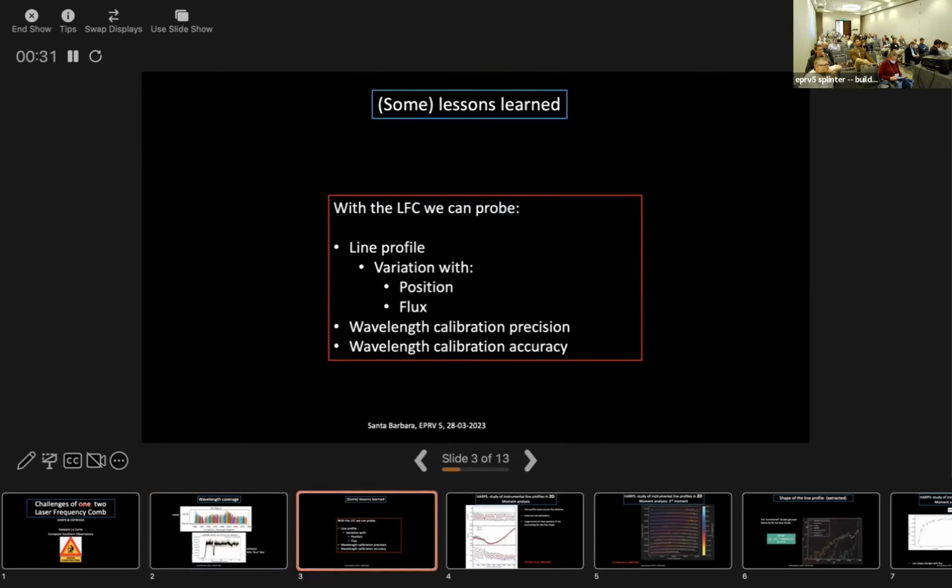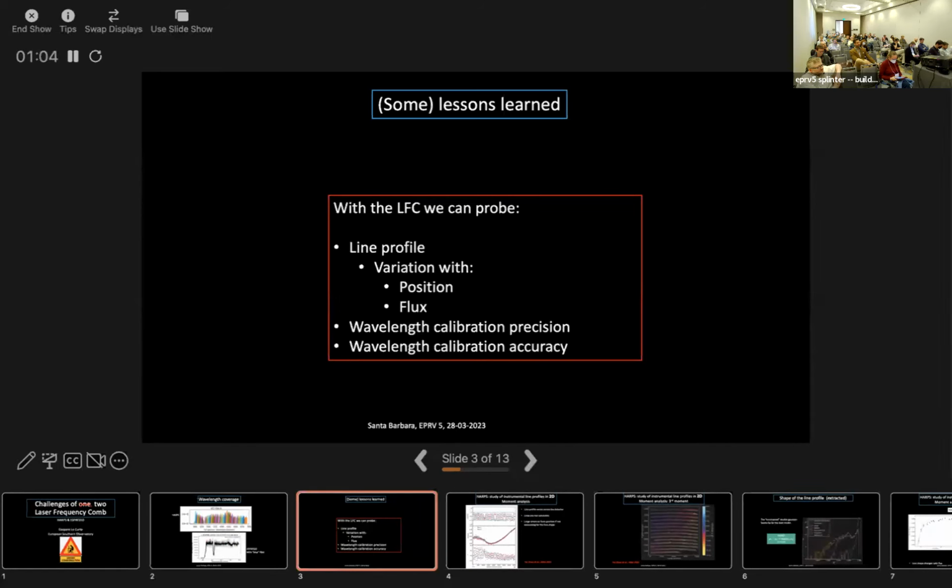So what I'm going to try to face in this brief talk is what we can probe, what we can understand using the laser frequency comb about our system. One is, thanks to its exquisite lines, extremely narrow, unresolved by our spectrograph, we can really study the line profile across the detector as long as we have laser frequency comb lines, and we can try to understand whether it changes as a function of position, as a function of time, or flux.